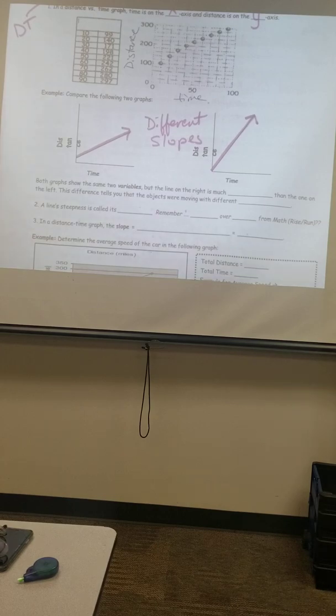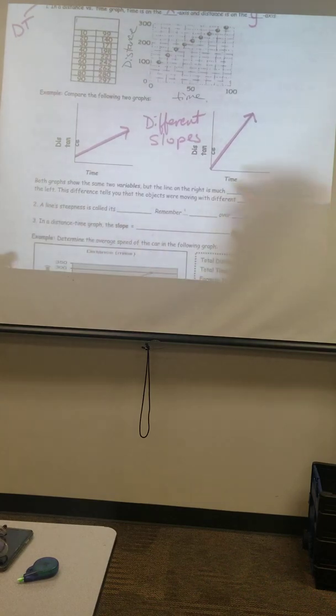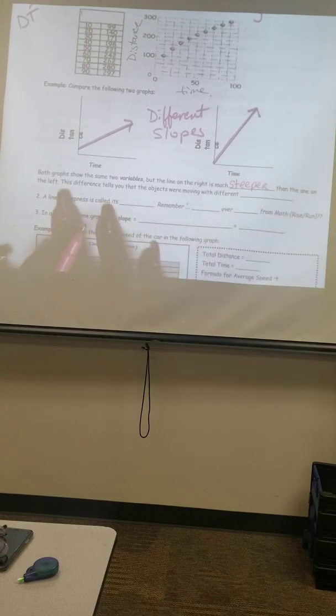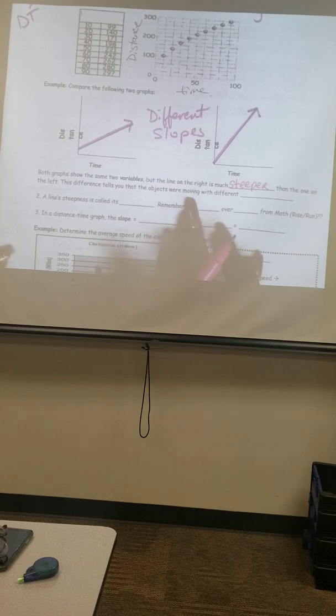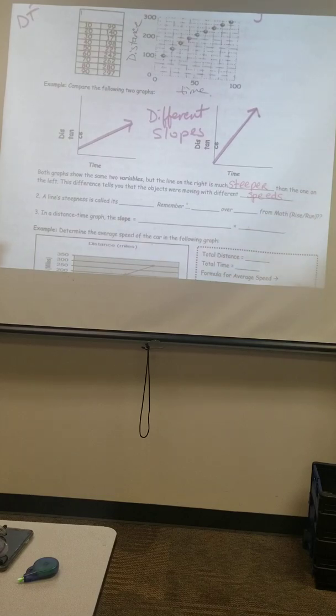It says here that both graphs show the same two variables, but the line to the right is much steeper than the one over to the left. This difference tells you the objects were moving with different speeds. So the steepness tells me how fast it's moving. If it's steeper, it's going faster. If it's less steep, then it's going slower.